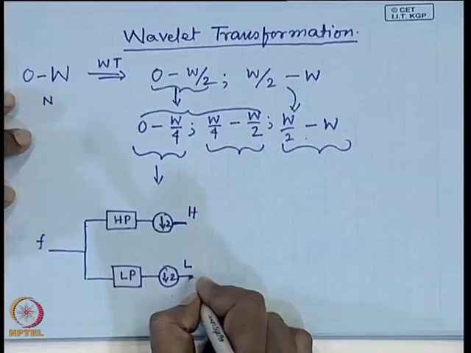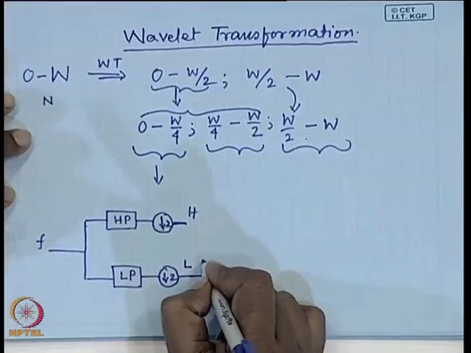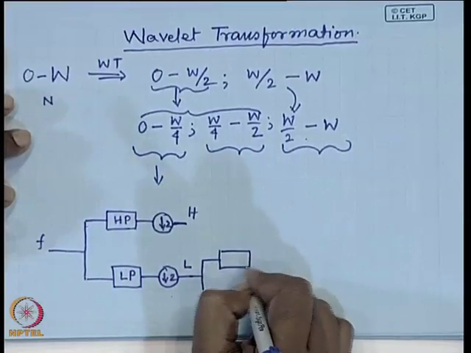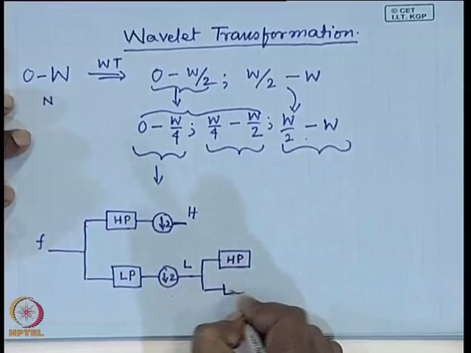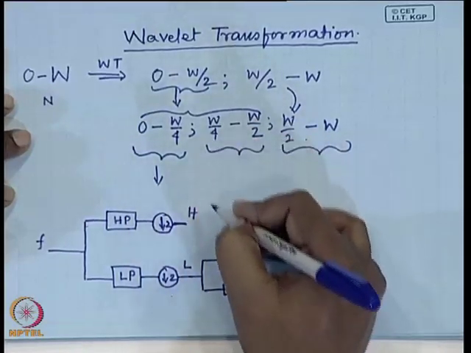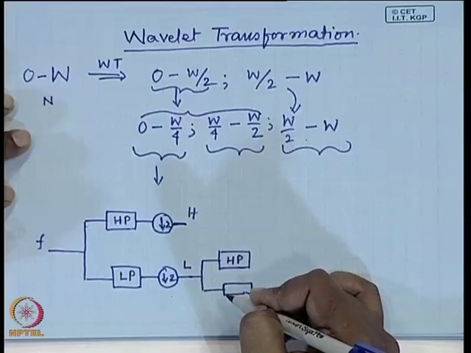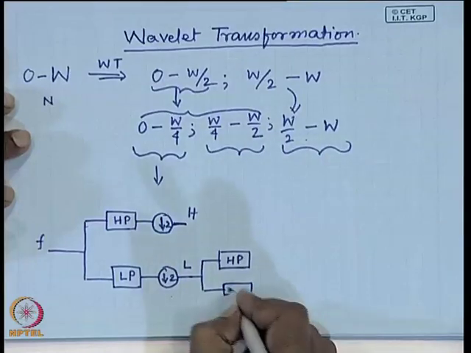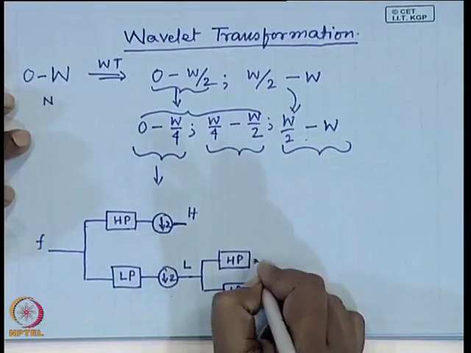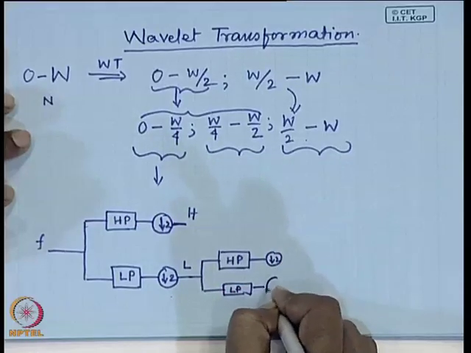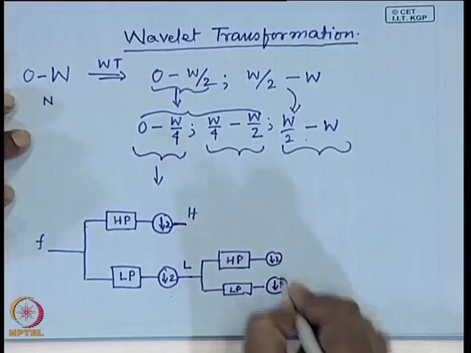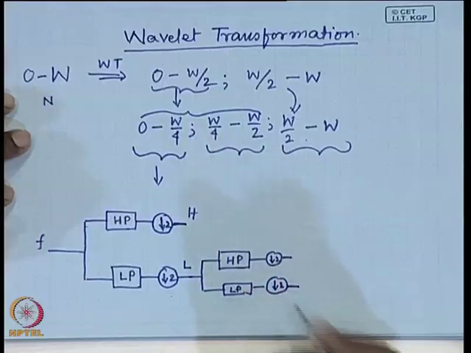Now, I apply the same filtering operation over here, high pass filter over here, low pass filter over here, because I am going to further subdivide the signal into different subbands. This will again be subsampled by a factor of 2, and this will again be subsampled by a factor of 2, so that the total number of samples remains the same.